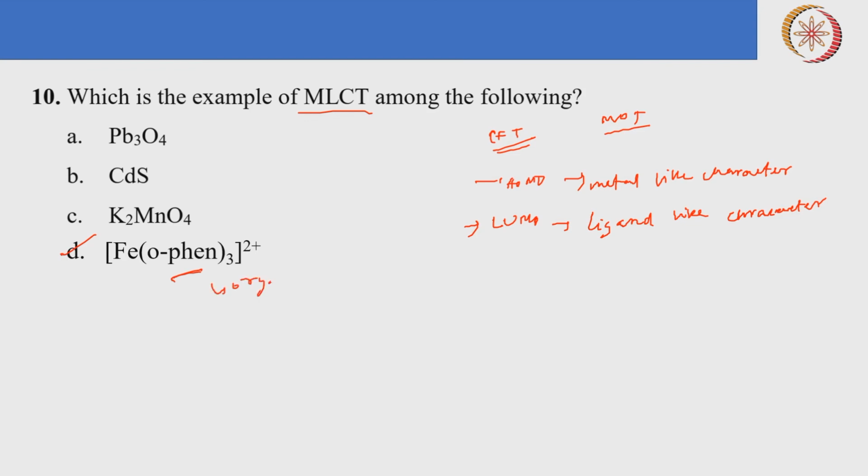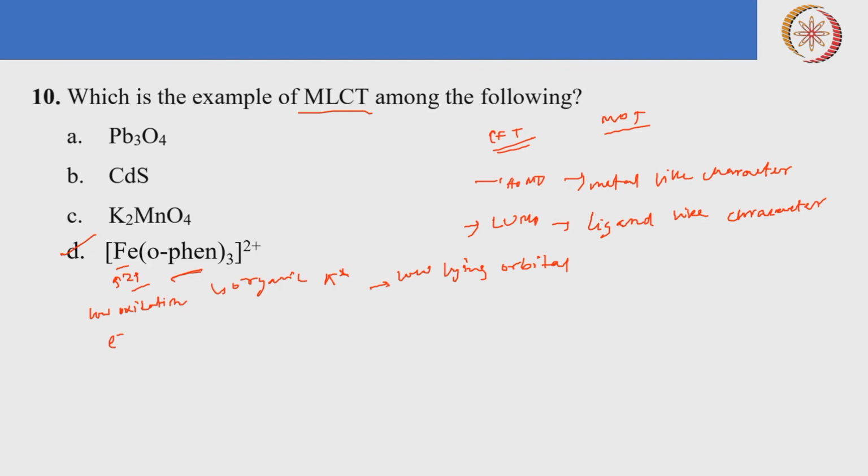So here the answer is D, that is an organic compound. In an organic compound the pi star orbital is there, and the pi star orbital is a low-lying orbital. The metal is in a high energy state, it is in the plus 2 oxidation state.